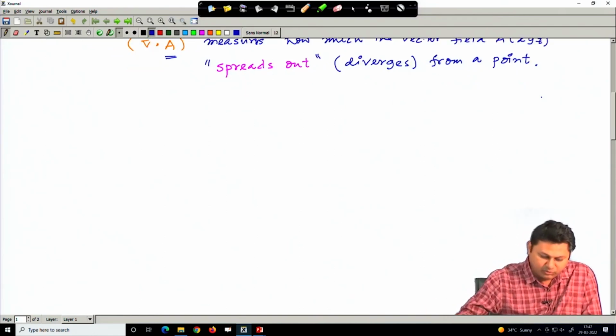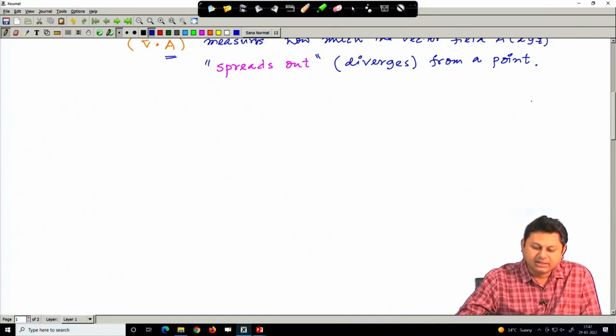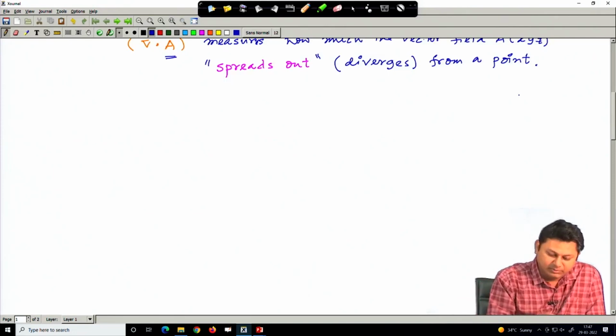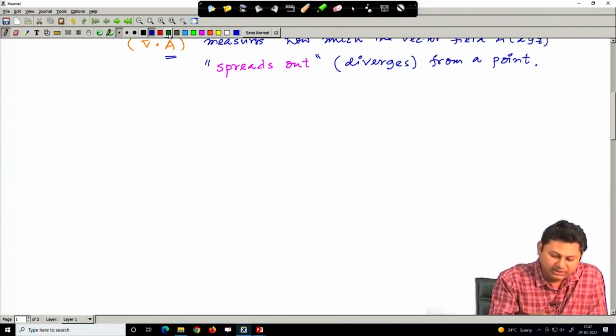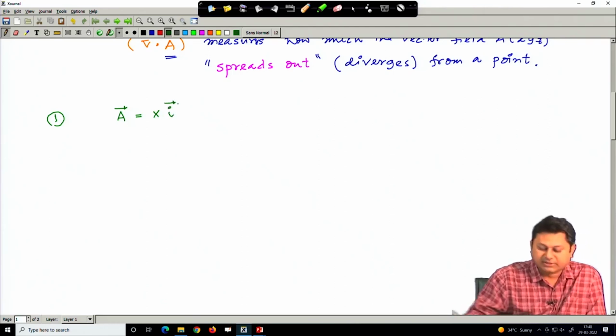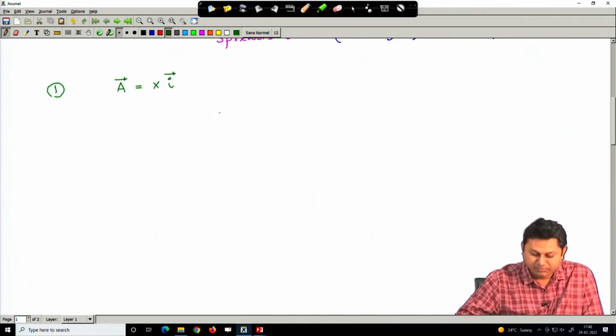So, let us do a few examples and then it will be clear, and I would also like to show a few typical vector fields, so that things will be much easier to understand pictorially and conceptually. So, case 1. Suppose my vector field is the simplest one, A is equal to x i. Only one component is there.